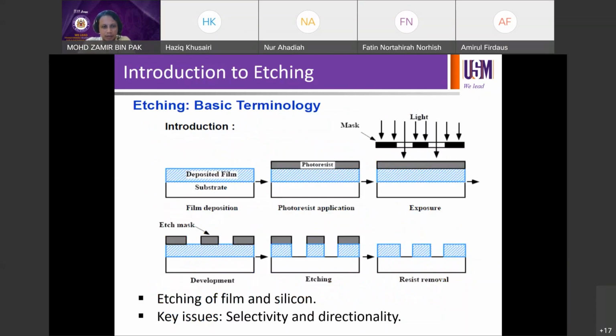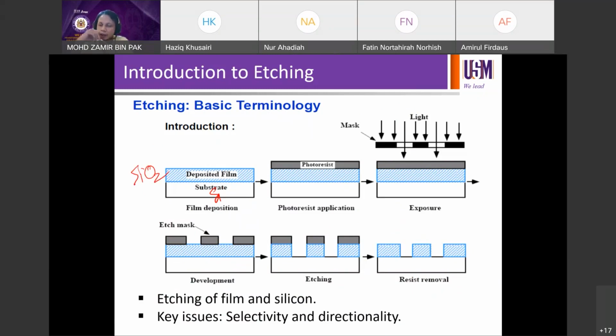So let's relate to what we have learned before. Basic terminology, right? You have your silicon here as your substrate, and then say you deposited silicon dioxide as your deposited film. And then you want to pattern silicon dioxide. Eventually, you do not pattern just photoresist, remember, because resist will not be there forever.